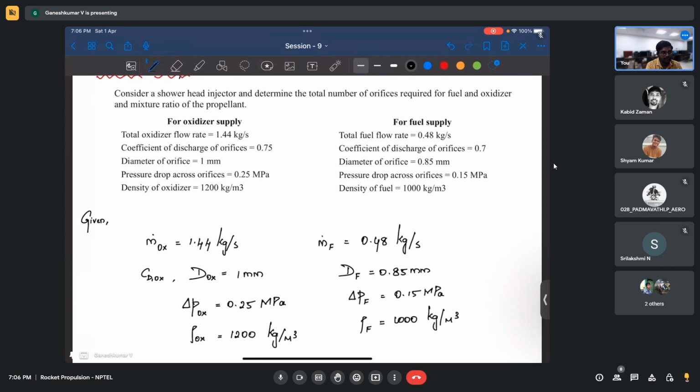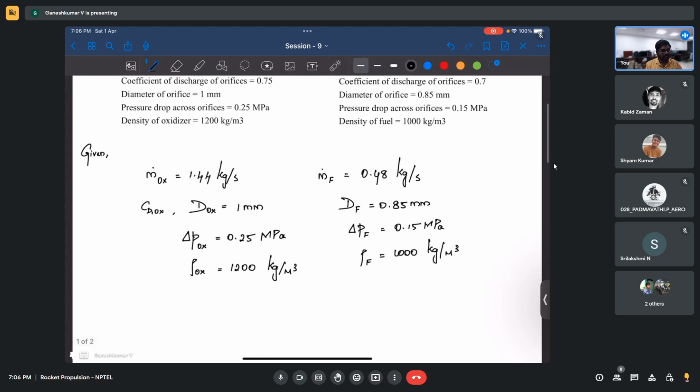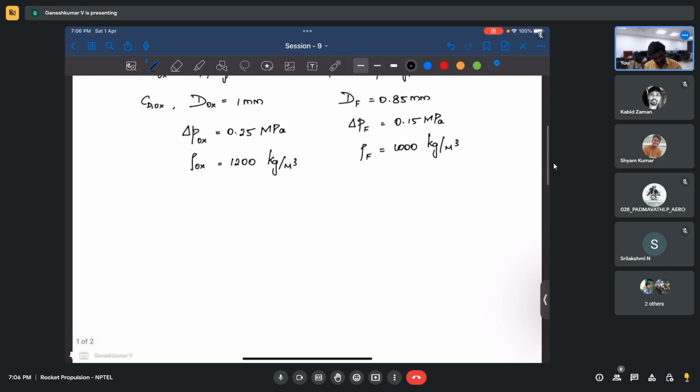There are a lot of things that come into play. The manifold for the fuel injector and the oxidizer injector is different, and that is the reason you have a pressure drop for oxidizer and fuel separately. So the manifold is not the same for both fuel and oxidizer.